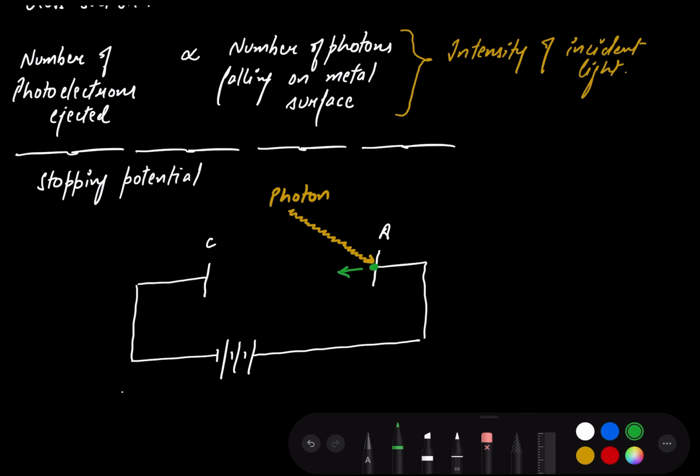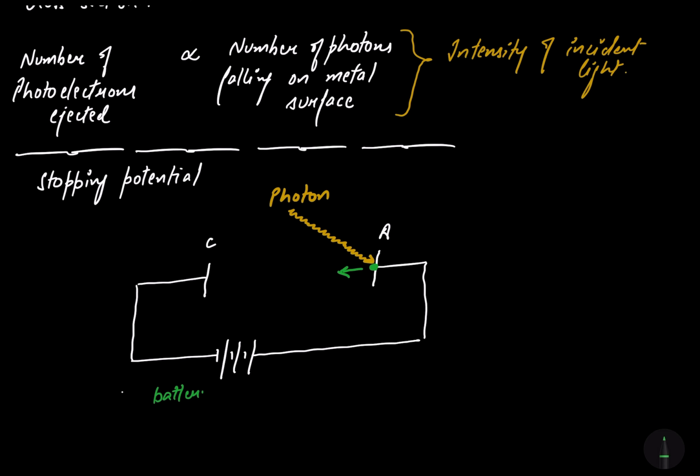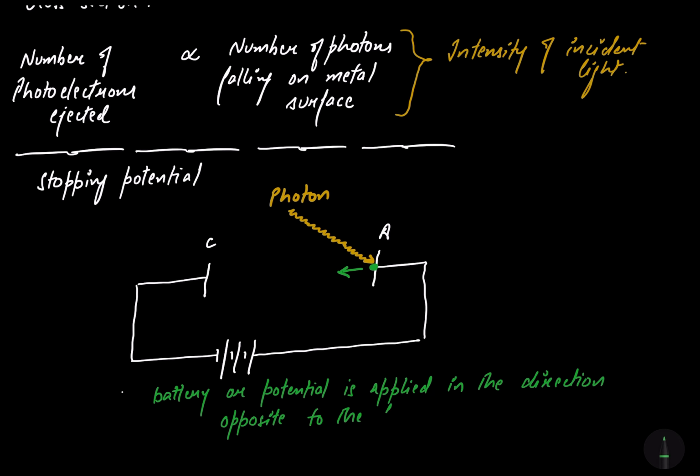This battery, or you can say potential, is applied in the direction opposite to the flow of photoelectrons.